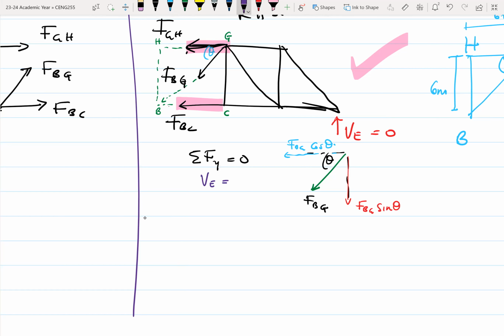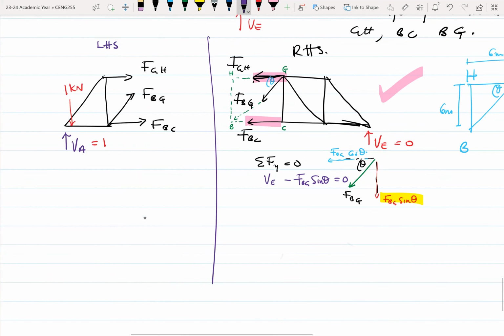All right. So if you are summing vertical forces, VE is going upwards, so I can make that one positive. Then the vertical component of FBG is a downward force, so it becomes negative. So it becomes VE minus FBG sine theta equals 0.